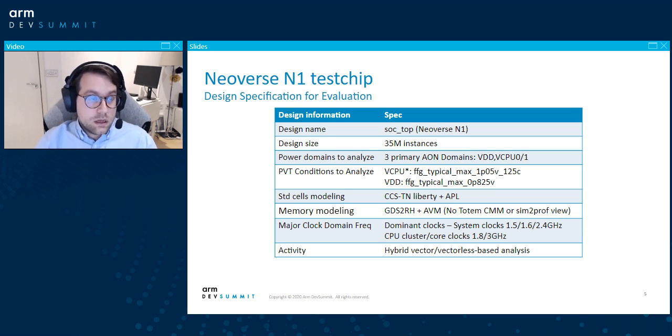Moving onwards, we'll have a look on our test case for this presentation. Our test case is the Neoverse N1 test chip that was fabricated last year at the TSMC7 technology node. A quick overview of the design: the size was 35 million instances. We used two power domains, one which was always on and one for the two CPU clusters.